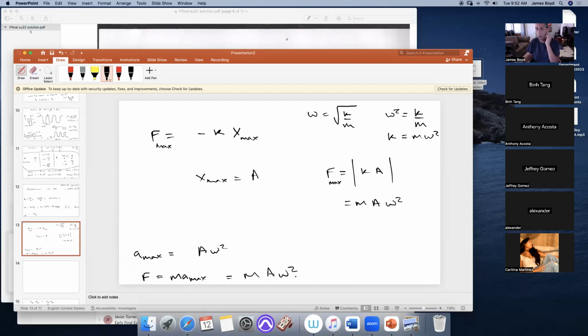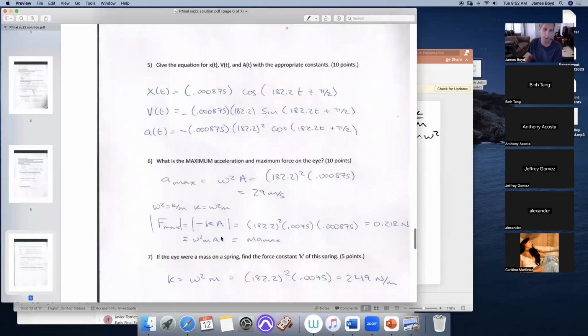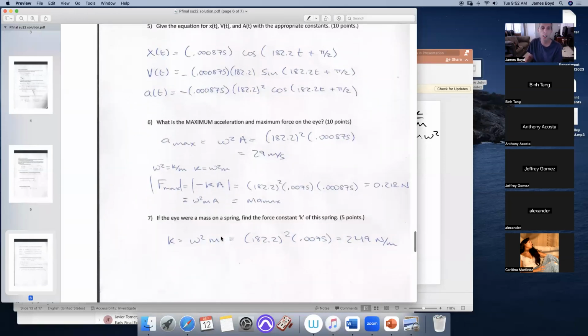If you want to know the maximum acceleration, A omega squared. If you want to know the maximum force, multiply it by M. Or if you're given K, you can multiply K times the amplitude. Again, the spring constant, assuming the eye acts like a block on a spring, is omega squared M.